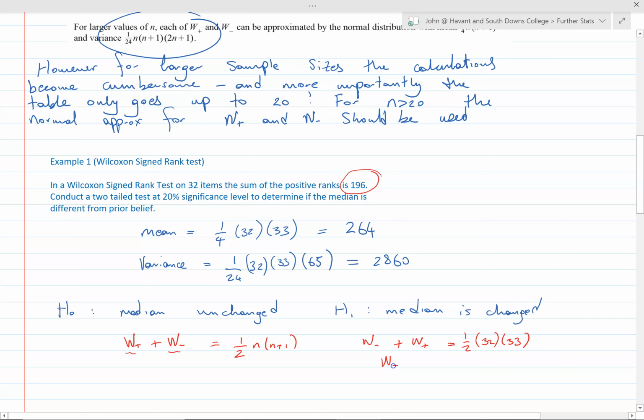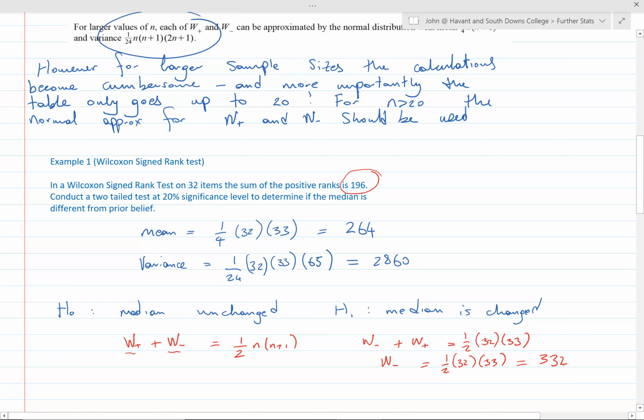So that gives us W minus equal to half times 32 times 33 minus 196, which is equal to 332, which would have been a bigger one, so we would have picked W plus in that case.